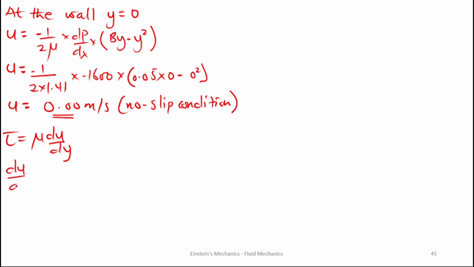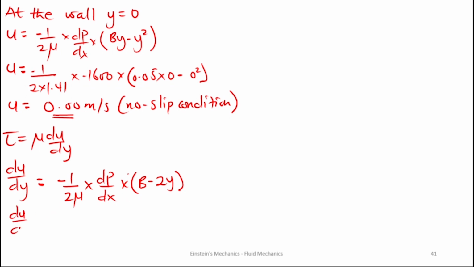We saw the formula: du dy is giving us negative 1 on 2 mu multiplying our dp dx multiplying our b minus 2y. So here, since we are at the wall, our y is going to be 0.